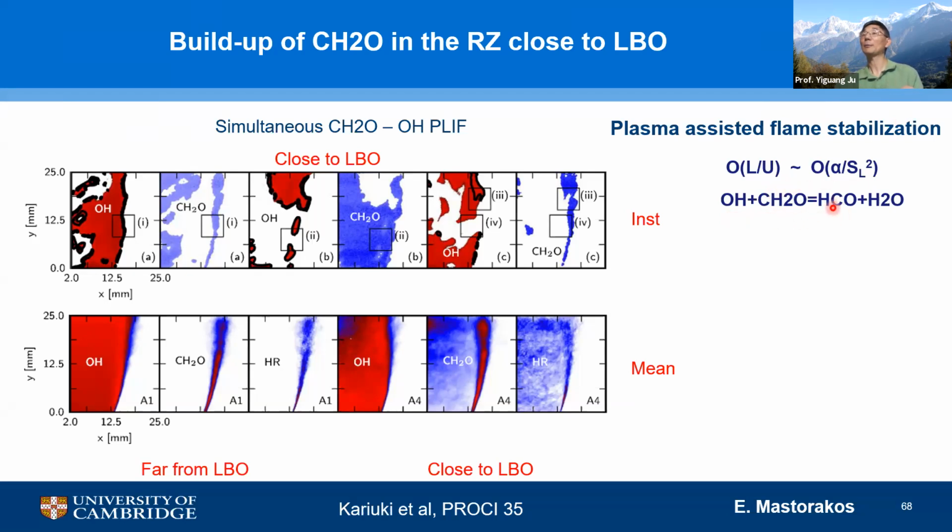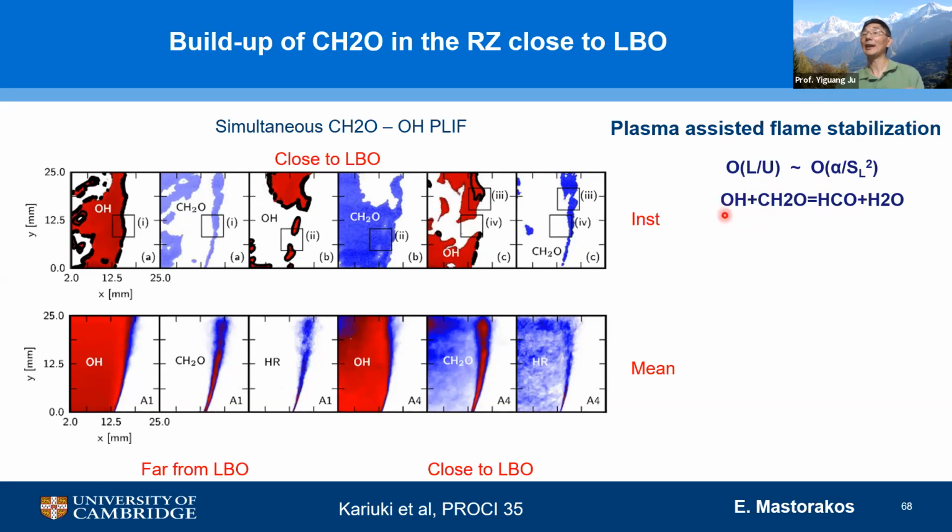So from the chemistry point of view, this is the dominant heat release reaction of hydrocarbons. Another way, this is also a production of HO2, as I said before, at the intermediate temperature. Once you have a lot of formaldehyde, which cannot be oxidized like this, that means you don't have enough OH radicals. At that time, plasma can help you.